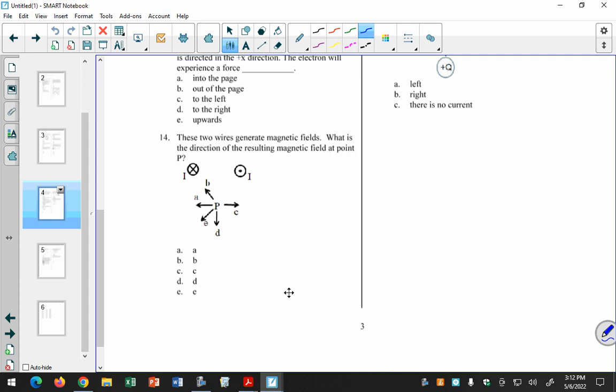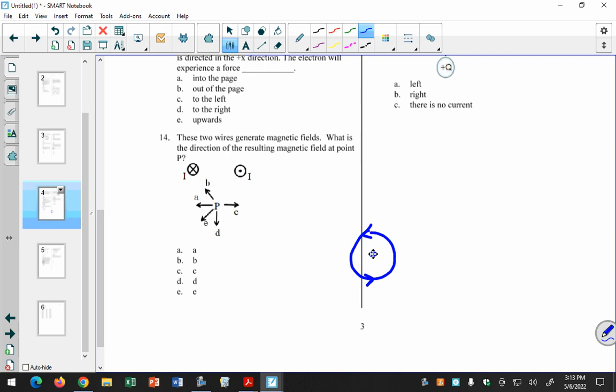I have 2 wires that generate a magnetic field, and I want to find the direction of the resulting magnetic field. Remember, we have 3 applications of the right-hand rule. This is that 3rd application, where I let my thumb go in the direction of my current, and then my fingers wrap around. So for example, if my current is out of the page, that means that the magnetic field is going to go in that direction.